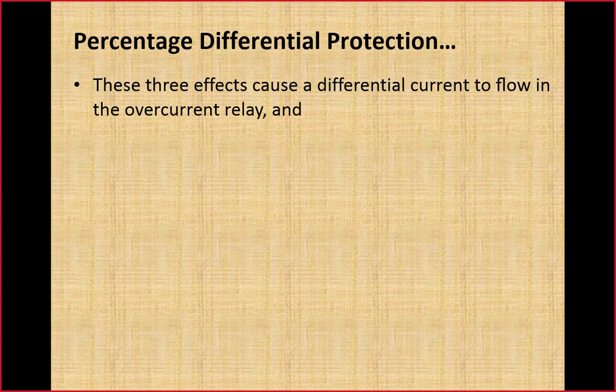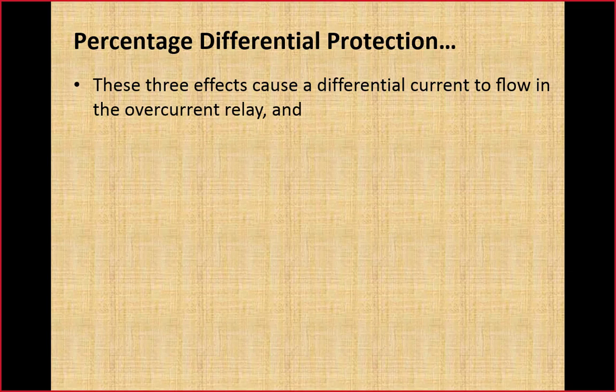If we are using a simple overcurrent differential, then this current, due to those three conditions that we have just discussed, will flow towards the overcurrent relay and cause the tripping of the relay. In order to avoid that tripping during that condition, we will have to set the pickup setting of the overcurrent differential to a very high value. That will make overcurrent differential protection insensitive to many internal faults.